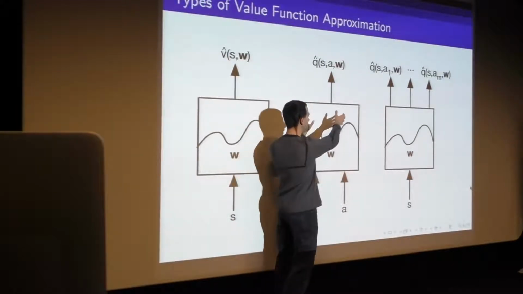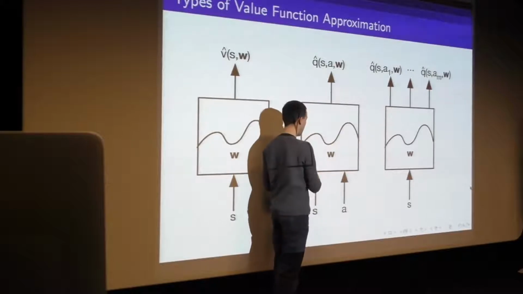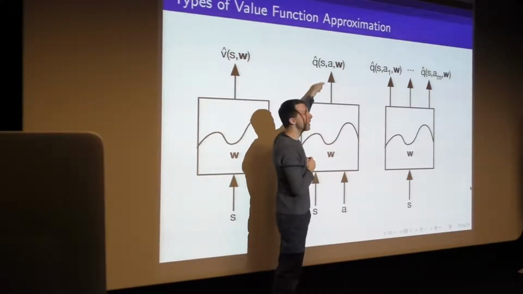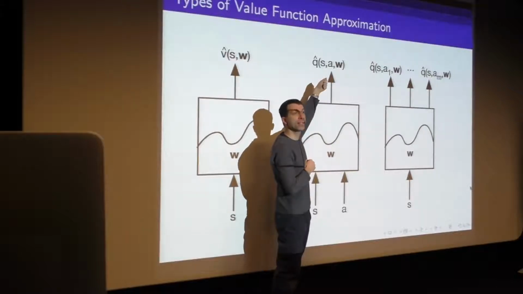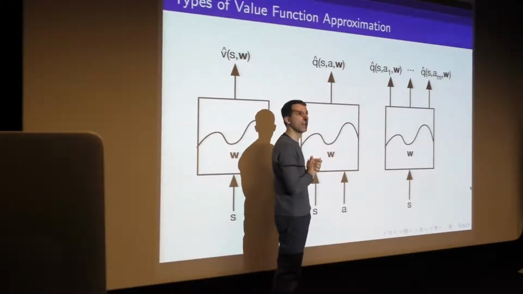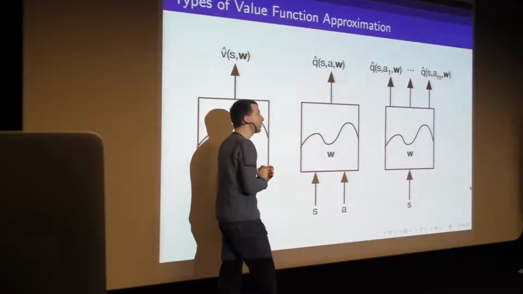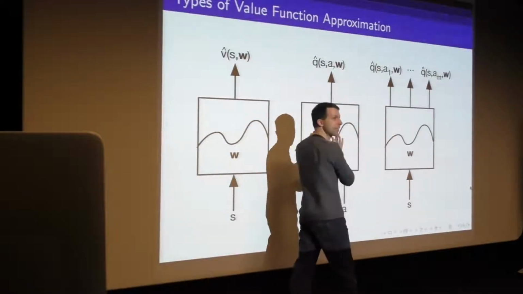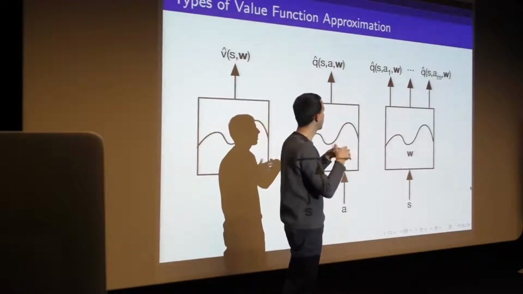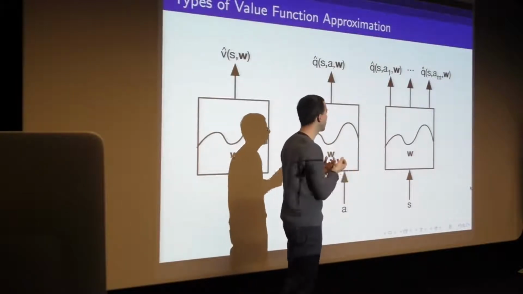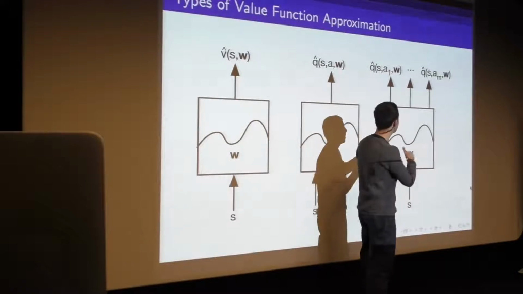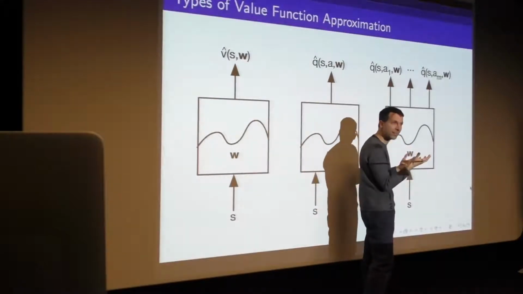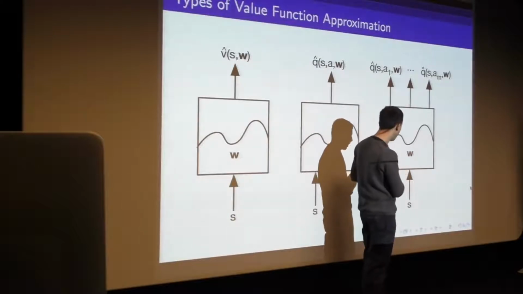And there's this black box here which is fitting some function across all states and all actions using some parameter vector w, and it spits out its estimate of how good it is to take that particular action in that particular state. Sometimes it's more efficient to use a different form. The actual data that it's representing is the same, but it leads to a different training algorithm and sometimes a more efficient or less efficient result depending on the context.